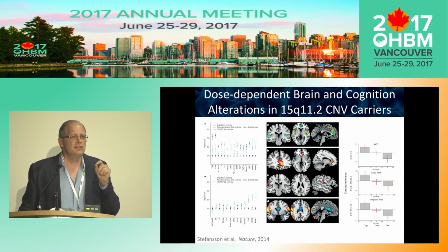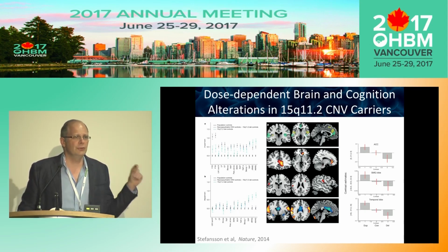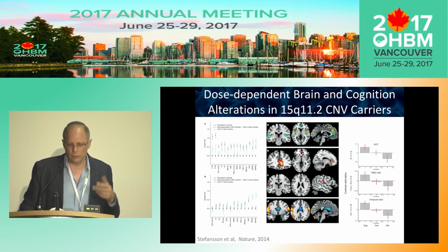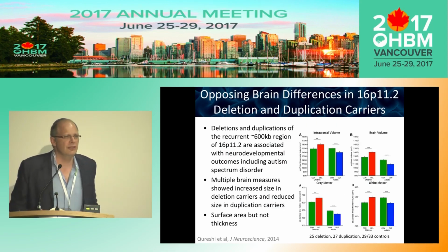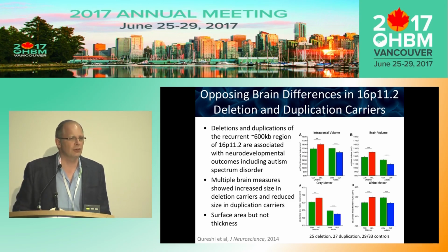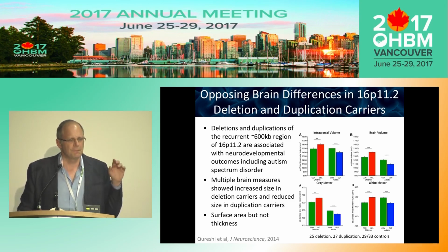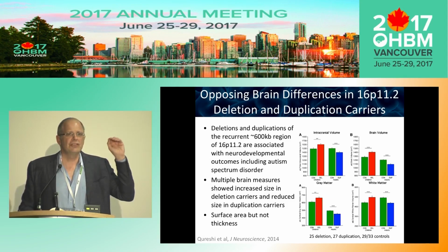So that means that these structural variants are influencing brain in the kind of the things that we're interested in. And then there was an incredibly eloquent study by the group at Harvard where they were looking at both deletions and duplications.